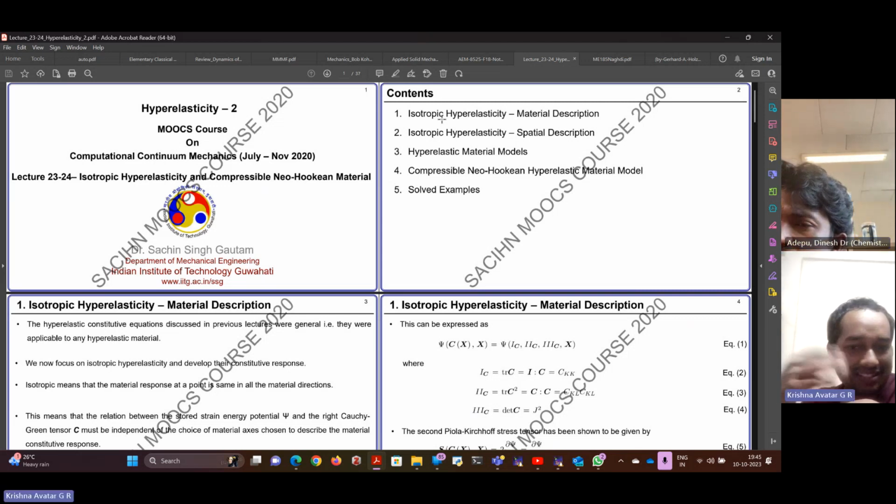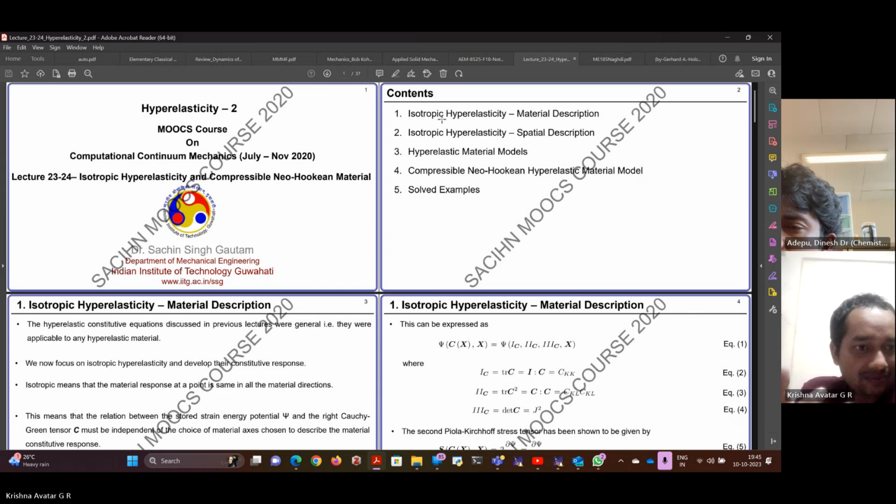So there are 3 invariants of any matrix. For an isotropic material, we would like the strain energy function to depend on certain quantities of the deformation gradient tensor or the Cauchy-Green tensor that are independent of how F or the Cauchy-Green tensor is.